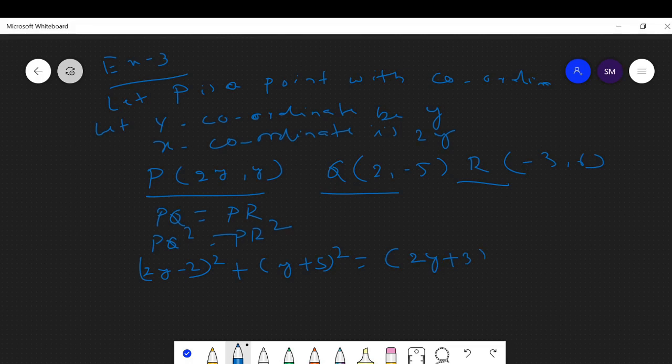minus 3 plus 3) whole square plus (y minus 6) whole square. Using (a minus b) whole square, which is a square plus b square minus 2ab, and (a plus b) whole square, which is a square plus b square plus 2ab.